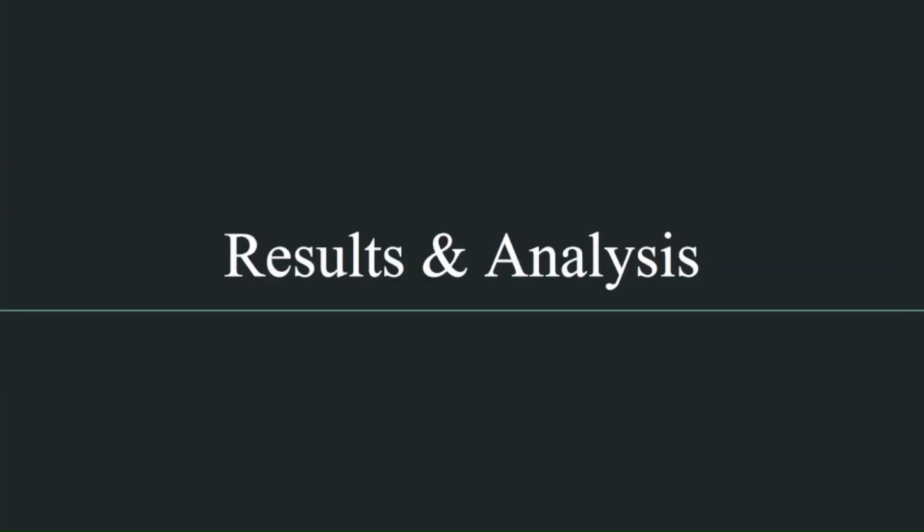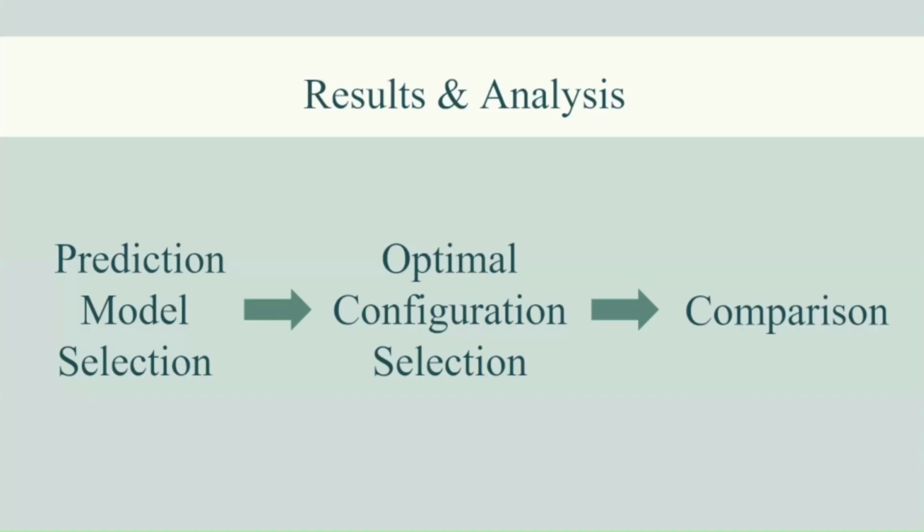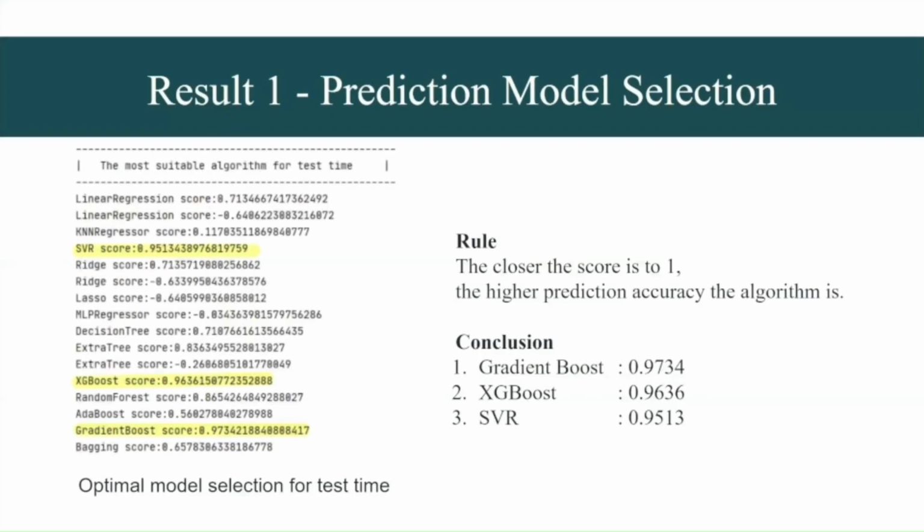The result comes to 3 different parts. Two of them are already in our implementation procedure for the model and for the parameter configuration selection. The last one is to compare our parameters with a random parameter configuration and see how much better the selected parameter configuration is than random ones. First, we're going to select the optimal prediction model.